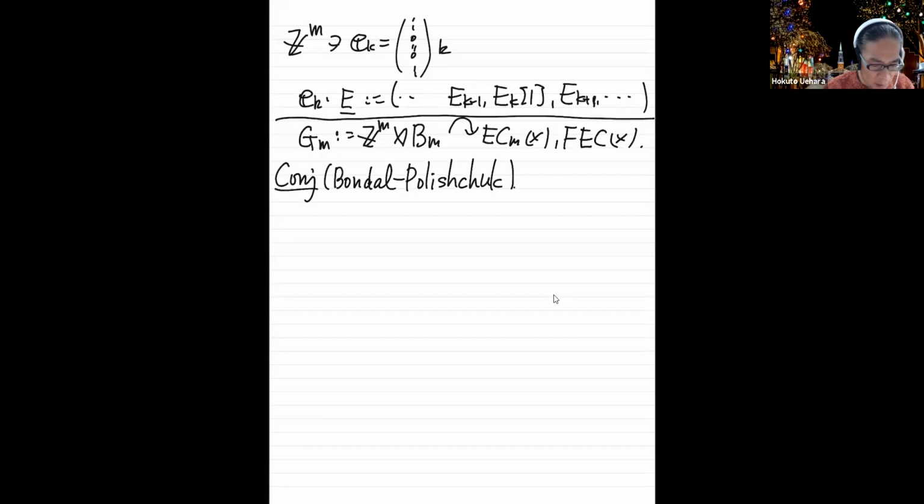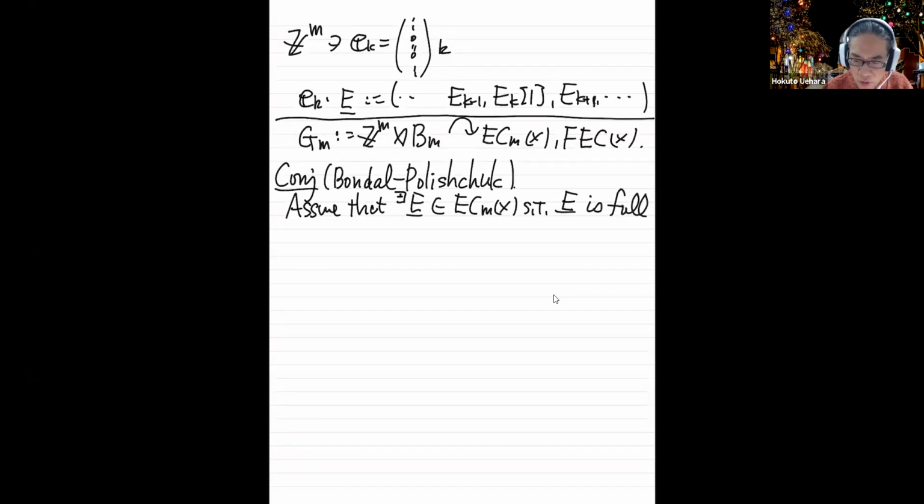If we assume that there exists an exceptional collection of length M such that E bar is full, then this action is transitive.